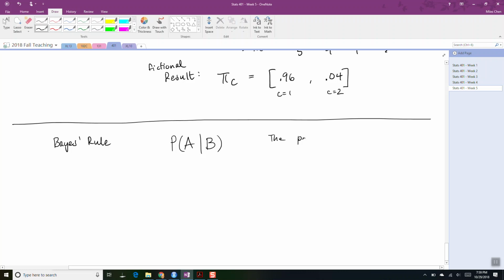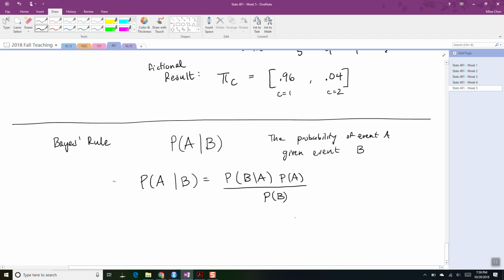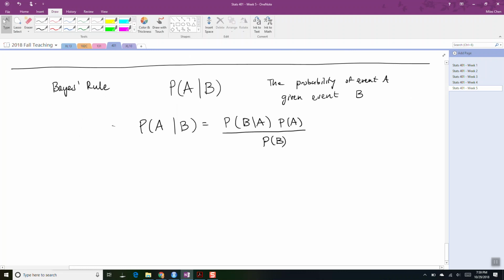This is the probability of event A given event B. Bayes' rule says that the probability of A given B is equal to the probability of B given A times the probability of A divided by the probability of B. So if you want to know the probability of A happening given that B has happened, you can multiply the probability of A by the probability of B happening given that A has happened, and divide that by the probability of B.